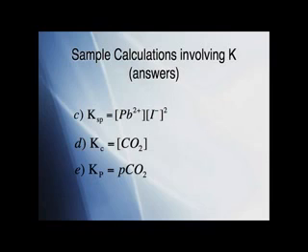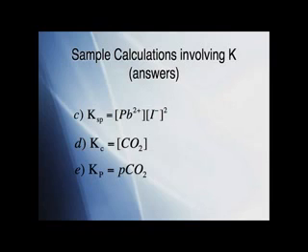For D, we have the thermal decomposition of calcium carbonate, and we know that when calcium carbonate decomposes, like all carbonates, the thermal decomposition yields products of calcium oxide and carbon dioxide gas.